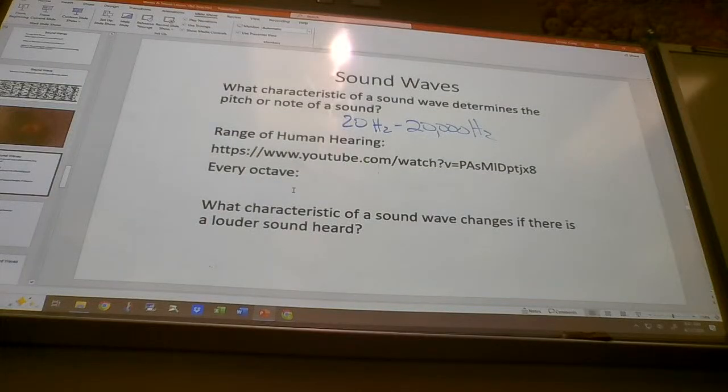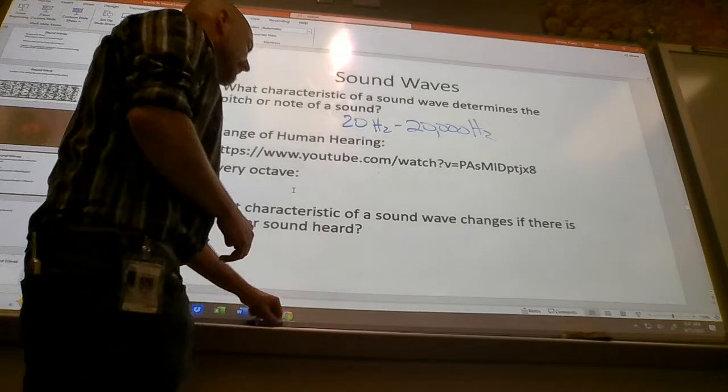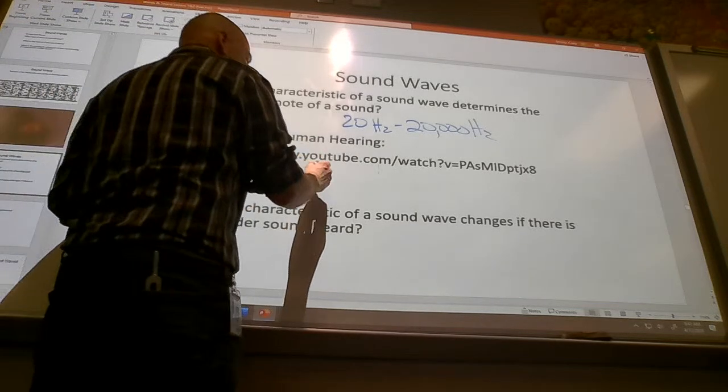All right. So, dogs hear higher than us. It's like a dog whistle. Okay. Here's some music theory.